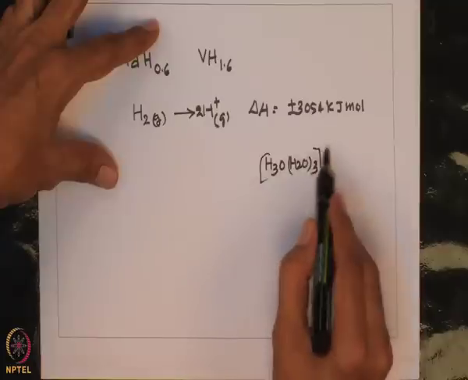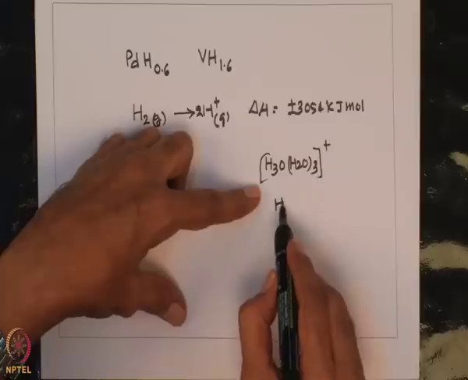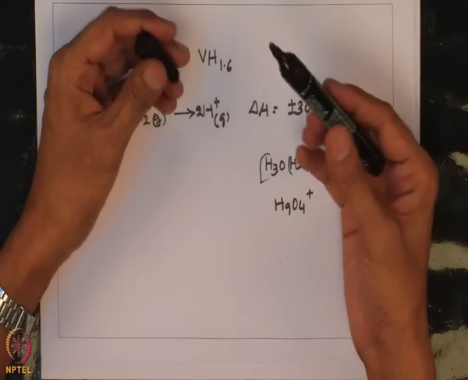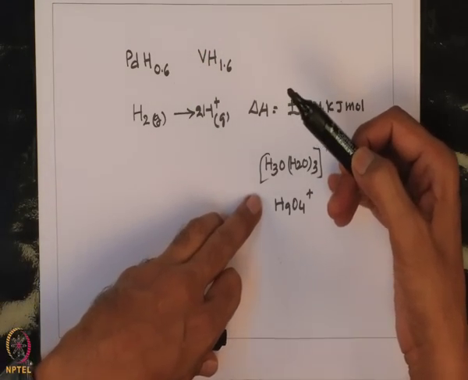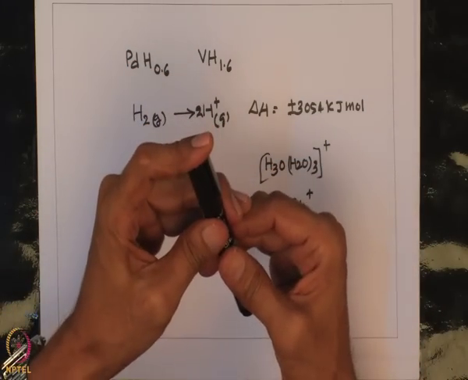This can also be written as H9O4 plus. In many molecules, some of these ions are trapped and also examined by single crystal X-ray diffraction methods.